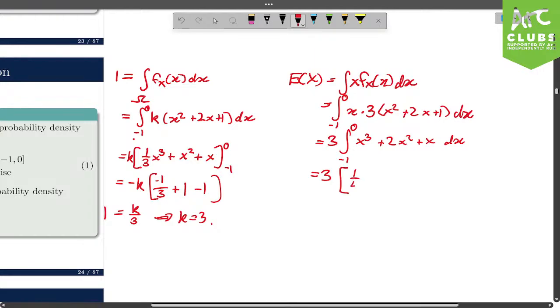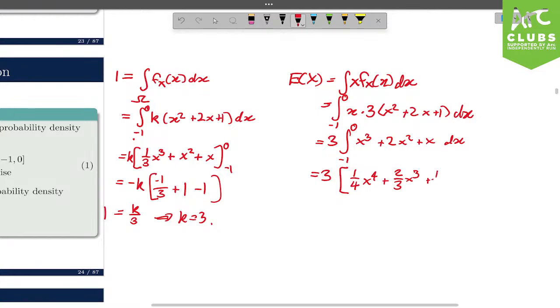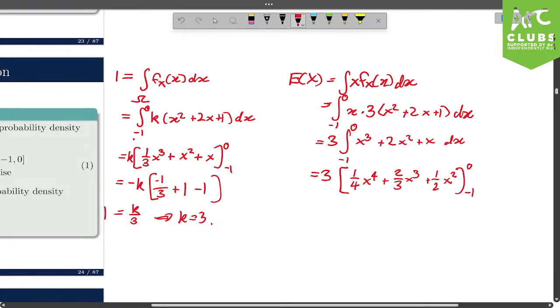Then I can just solve this integral. It's going to be a quarter x to the 4 plus 2/3 x cubed plus a half x squared, from 0 to -1. That's going to be -3, and then we sub -1 in, so 1 on 4 minus 2/3 plus 1/2.